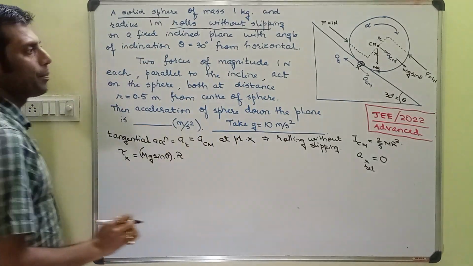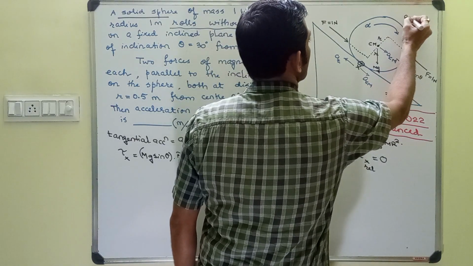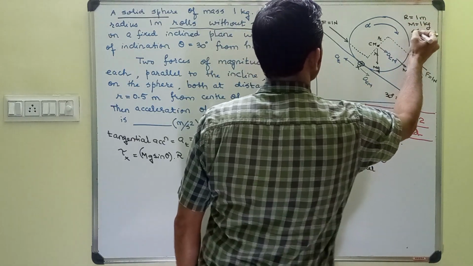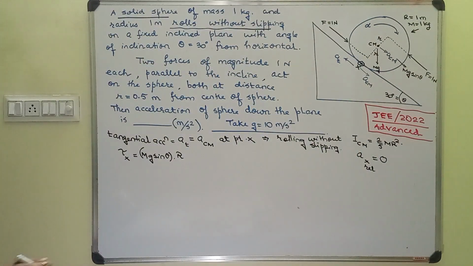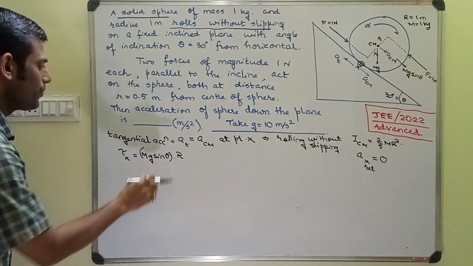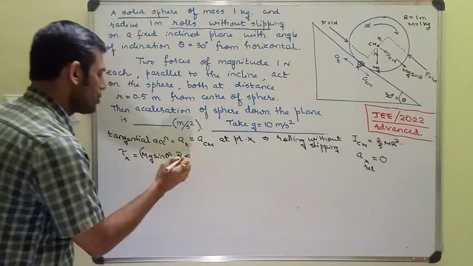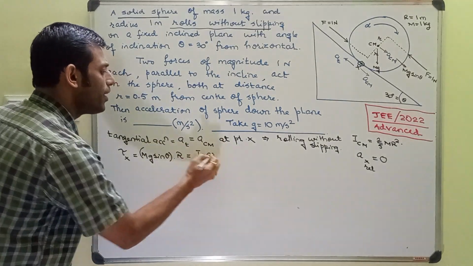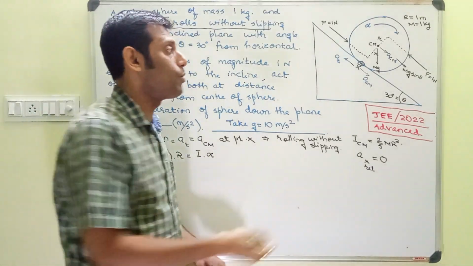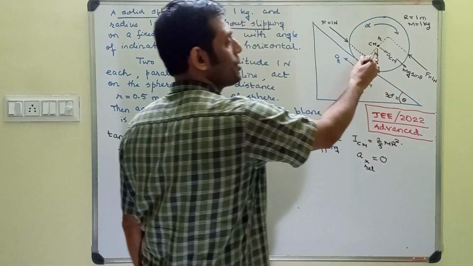Radius R is equal to 1 meter, mass equal to 1 kg of this solid sphere. So here we have this particular thing as a torque, which is equal to I into alpha, of course. Now, moment of inertia about which point? About the axis of rotation, which is at x.